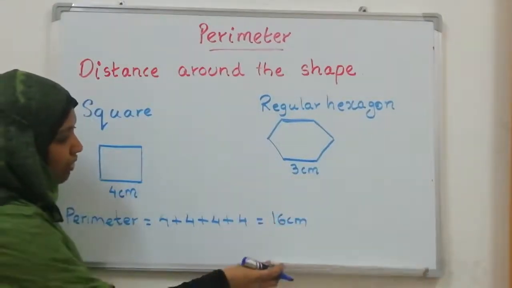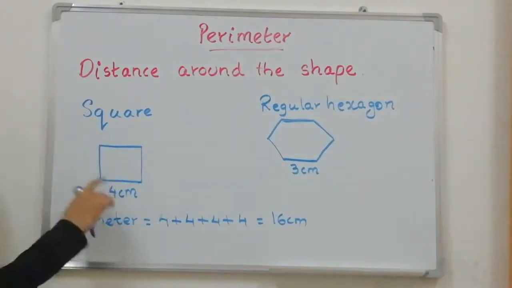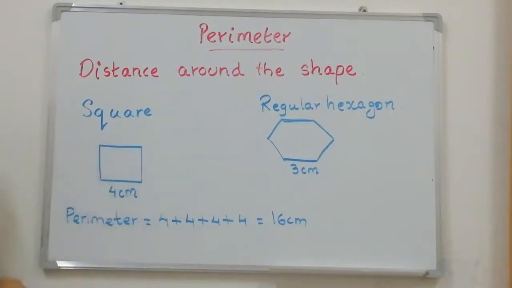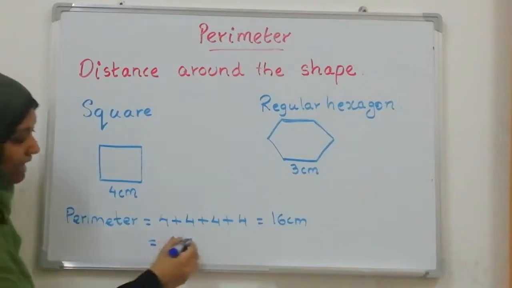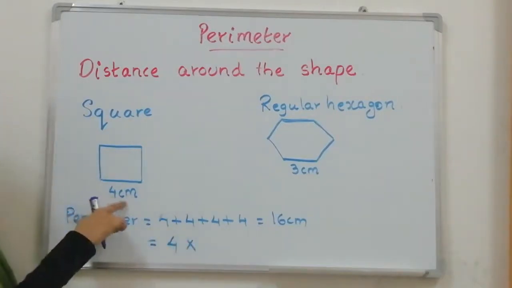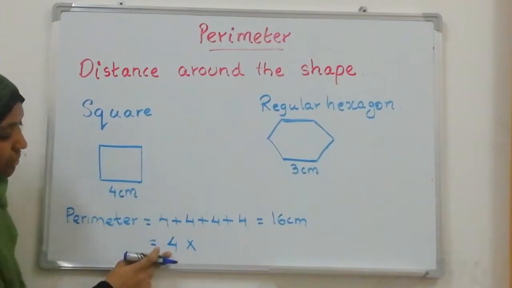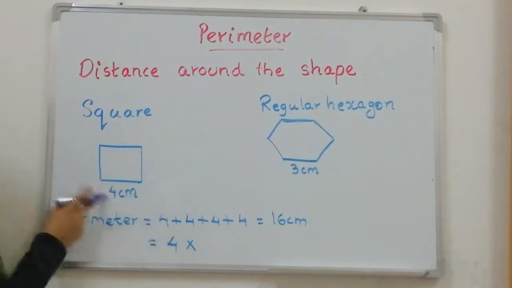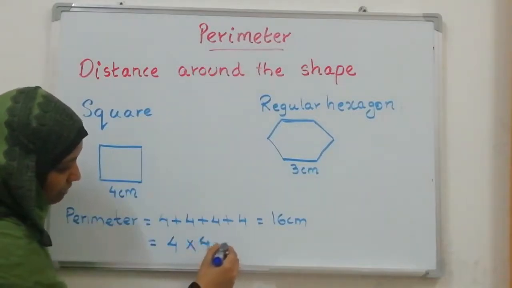Or you can do it another way. If the sides are equal, just check how many sides you have. You have 4 equal sides. So you can take the number of sides and multiply by the length of one side, which here is 4 centimeter. So what is 4 multiplied by 4?